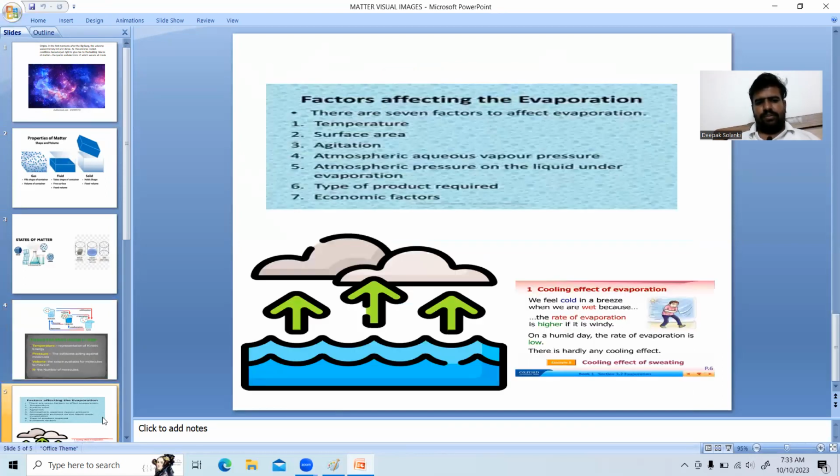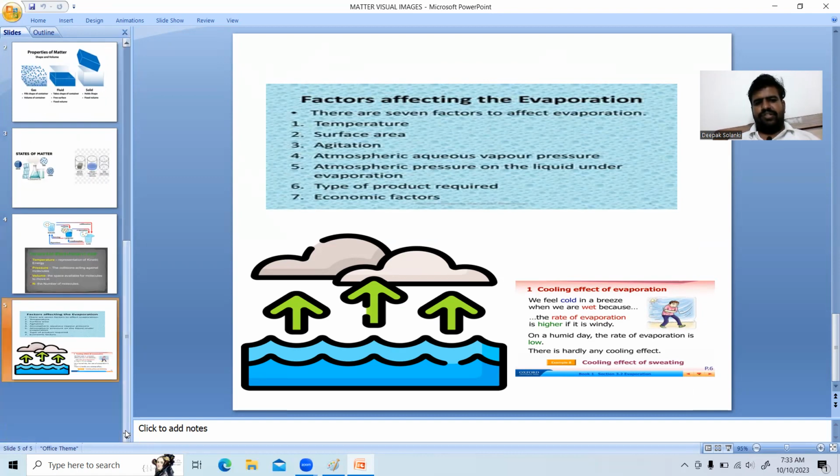Next, we can discuss evaporation. What is evaporation? The change of state from liquid to gas without reaching its boiling point is known as evaporation. We can see it in this picture. There are factors that affect evaporation: temperature, surface area, atmospheric vapor pressure, agitation, atmospheric pressure on the liquid under evaporation, type of product required, and economic factors. As we increase temperature, evaporation increases.